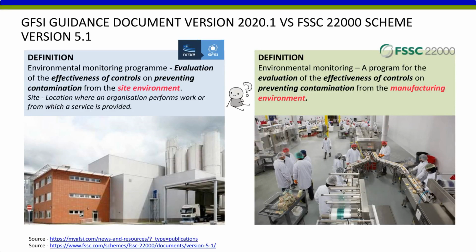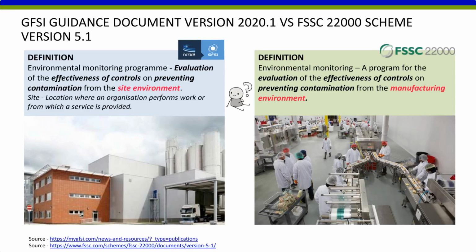But when you go to the FSSC definition, this is scheme version 5.1, and you have links over there where you can find all of these documents, then you find out that the definition is quite similar, but also quite different, because they are saying a program for the evaluation of the effectiveness of controls, which is practically the same, on preventing contamination, which is exactly the same as in GFSI, from the manufacturing environment.